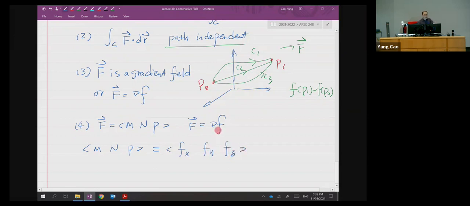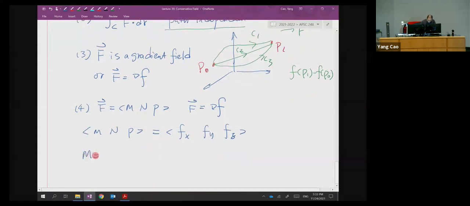Del f is partial f partial x, partial f partial y, and partial f partial z. So they have to be related through this relationship right here. That means M is partial f partial x, N is partial f partial y, and P is partial f partial z. So these 4 properties, we call them equivalent.